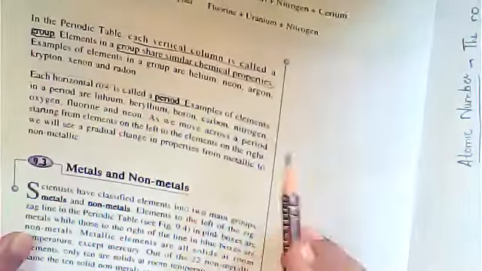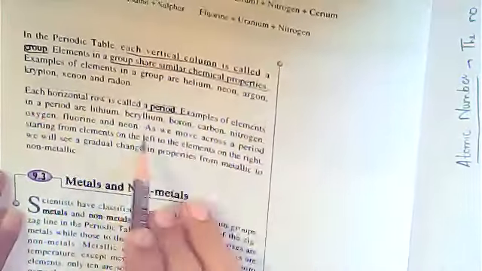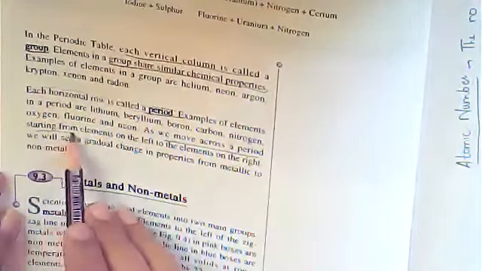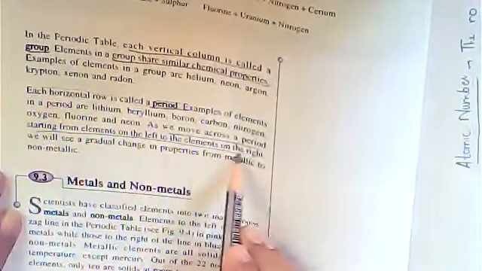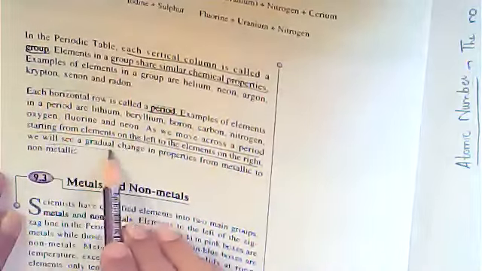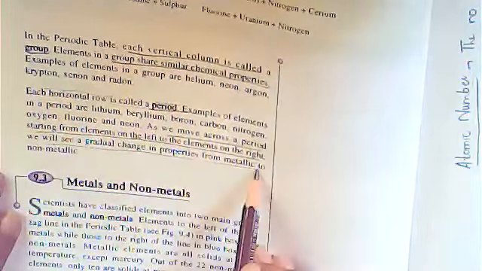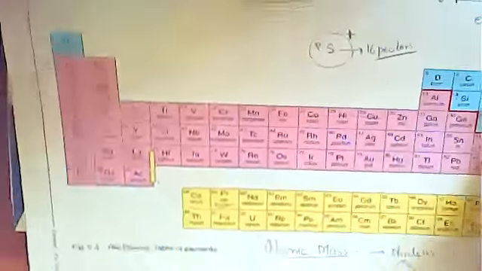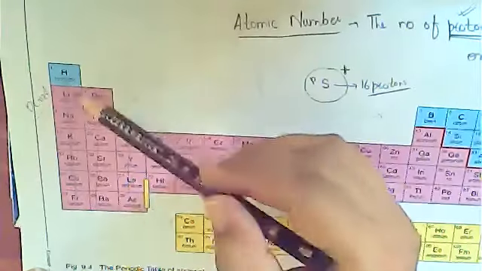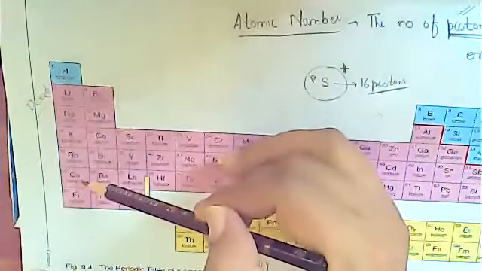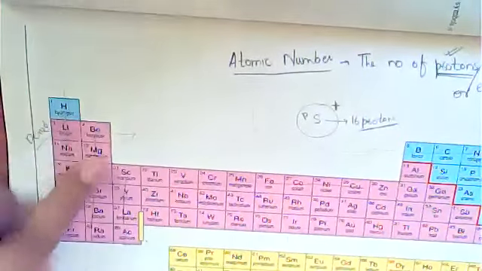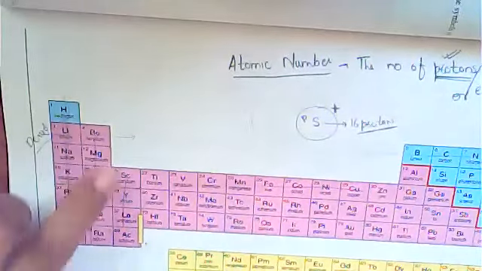Now, this one: as we move across a period, from the element on the left to the elements on the right, we will see a gradual change in properties from metallic to non-metallic. Now I'm going to explain this. The elements present in a group share similar chemical properties, meaning mostly all the elements in the group have similar chemical properties.